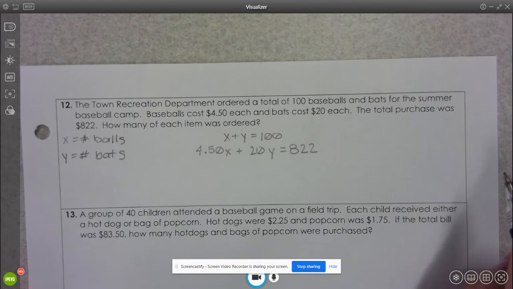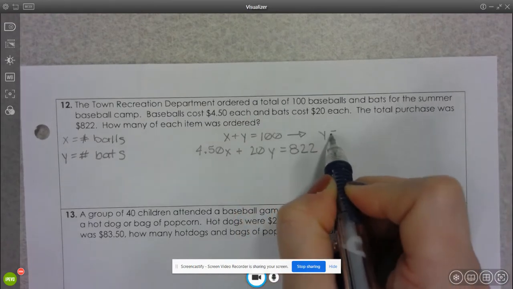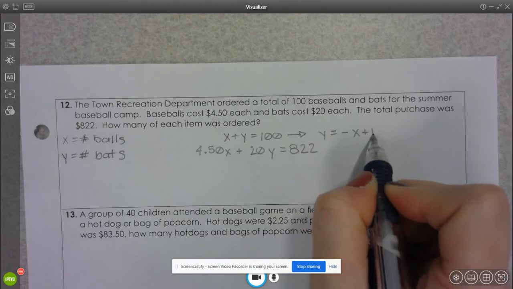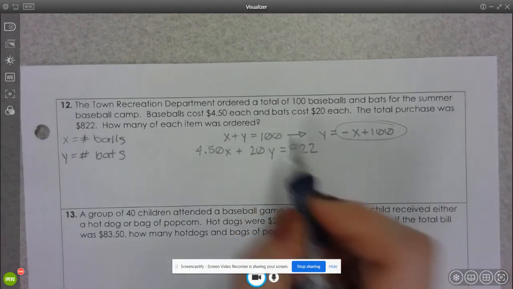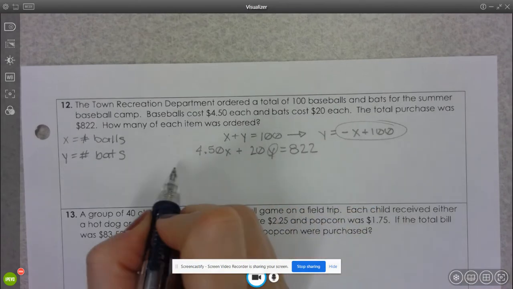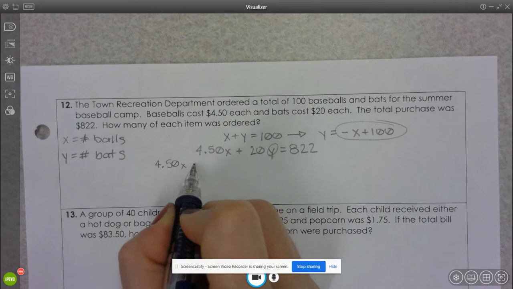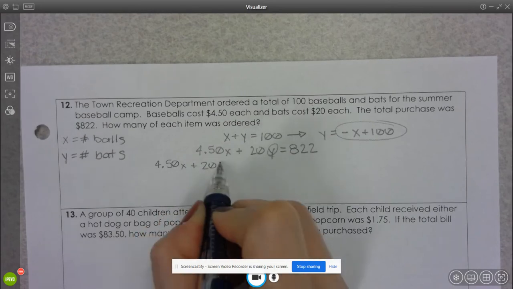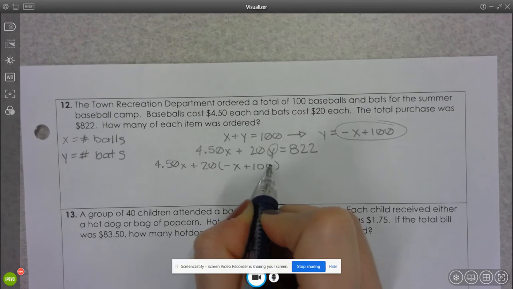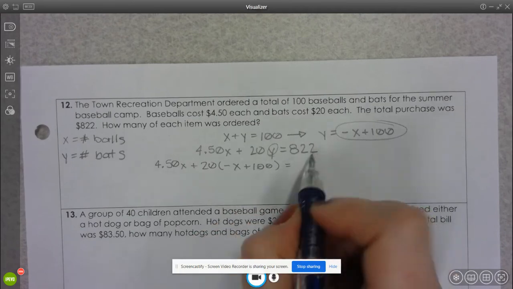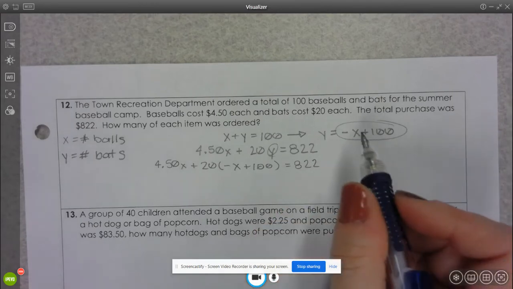Now, personally, I would take this equation and get it in y equals. So I'm going to substitute that here. So I have 4.50x plus 20 times negative x plus 100 equals 822.